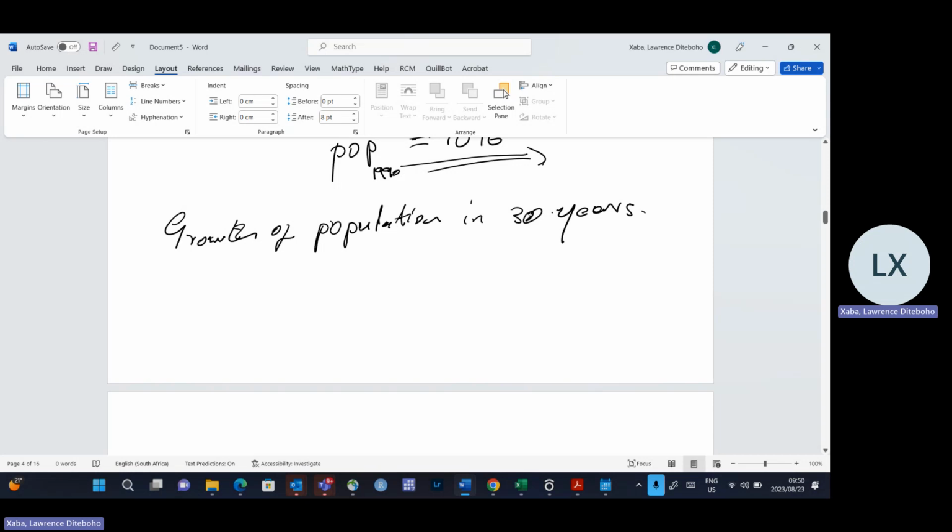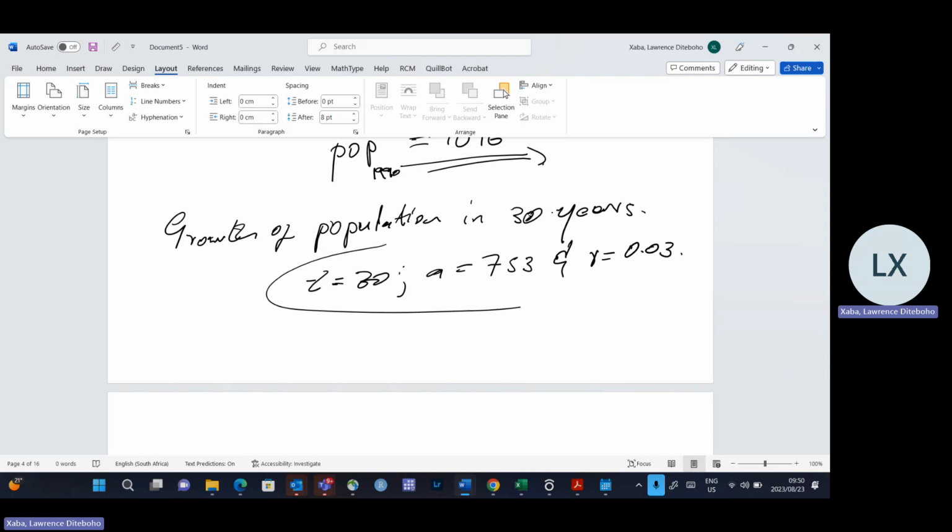We know that in this case, our T is equal to 30, and our A is still the same, 753, and our R is still 0.03.